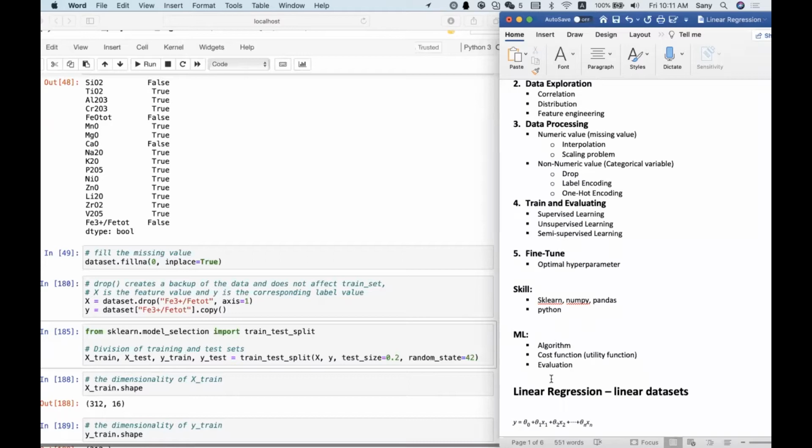This is the core thought behind every machine learning, whether it is supervised learning or unsupervised learning: these three parts.